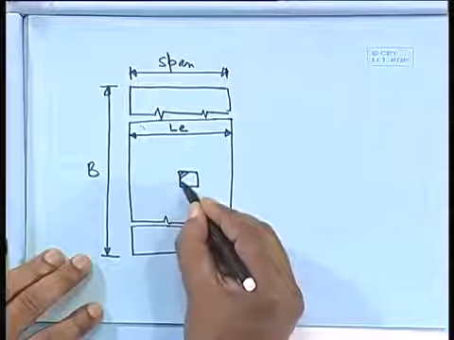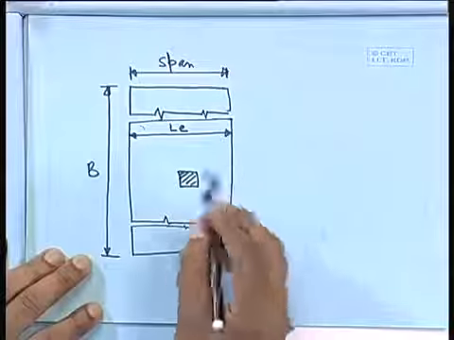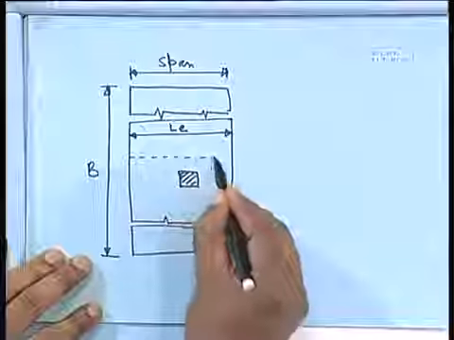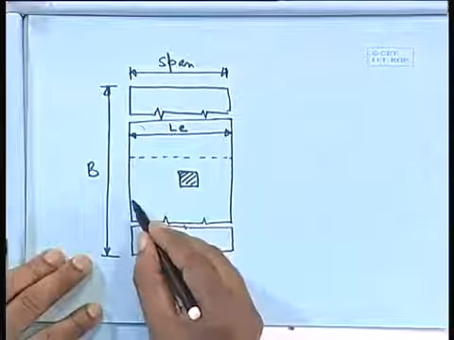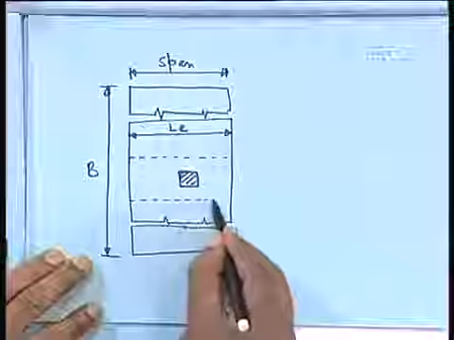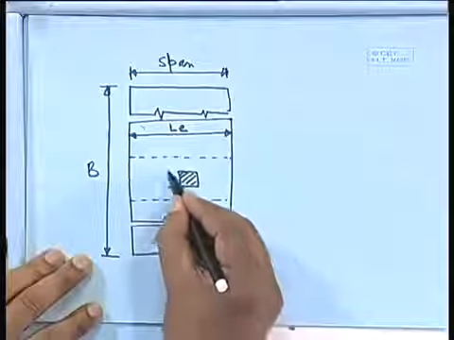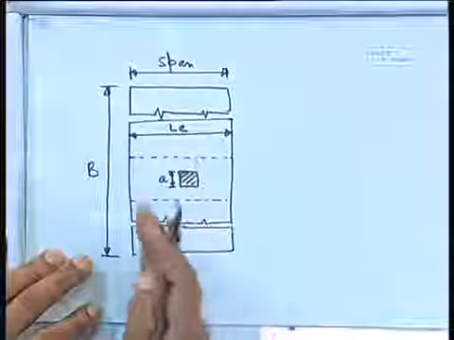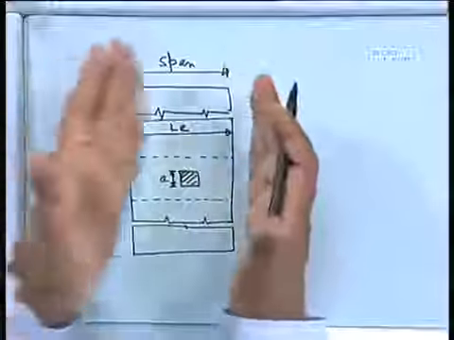This is our impression either from the tire or any other concentrated load, and after dispersion we get this. This is our A. This is the support, and span means this span.